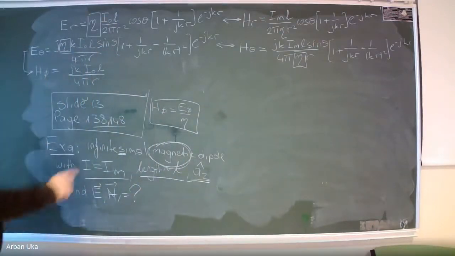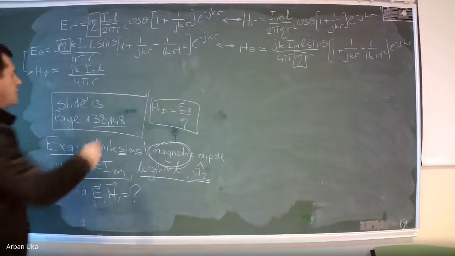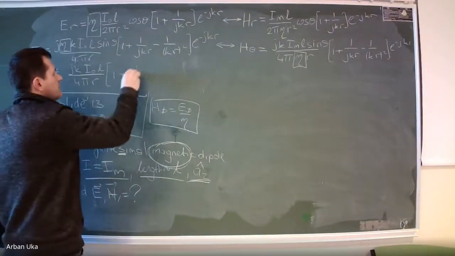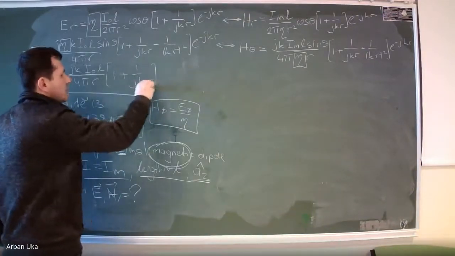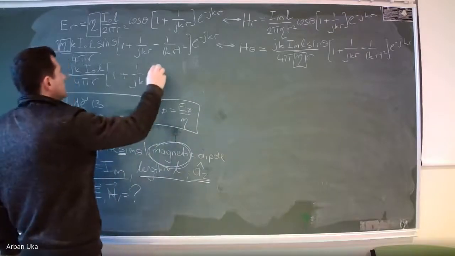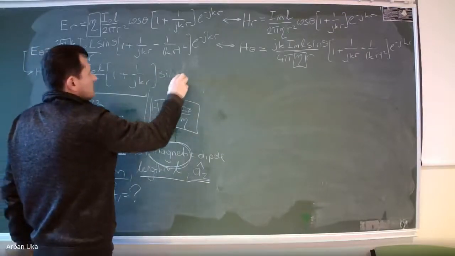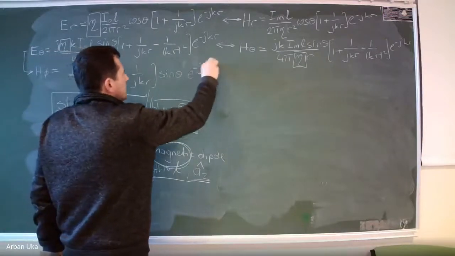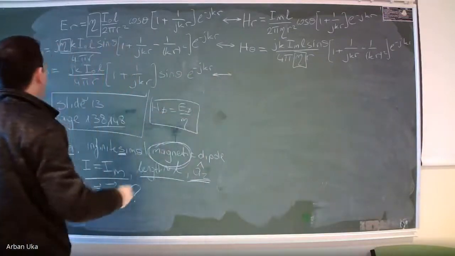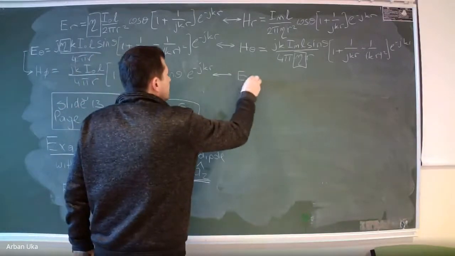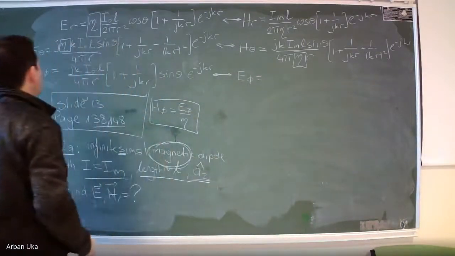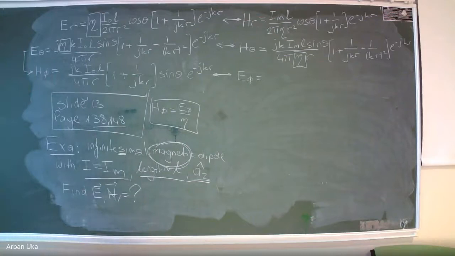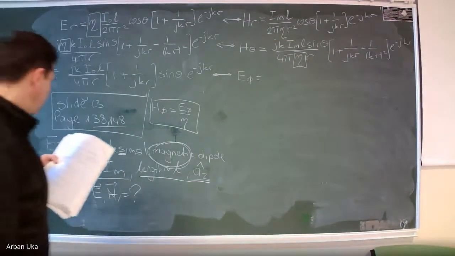They are directly related, or they are reciprocals of each other. Then we have times 1 plus 1 over jkr, sine theta, e to the power minus jkr. From here, we can write the electric field phi.